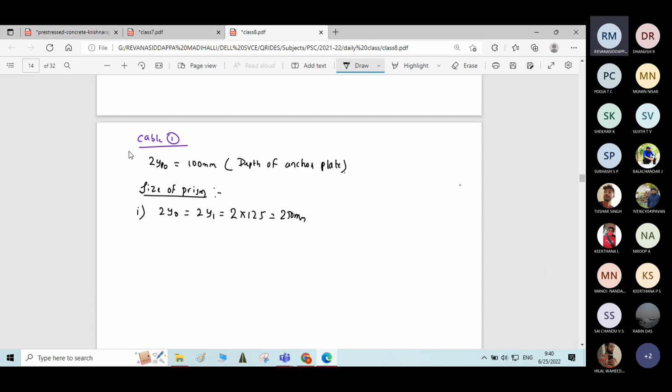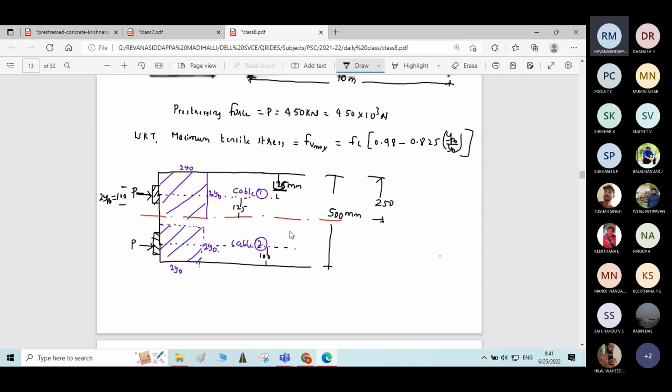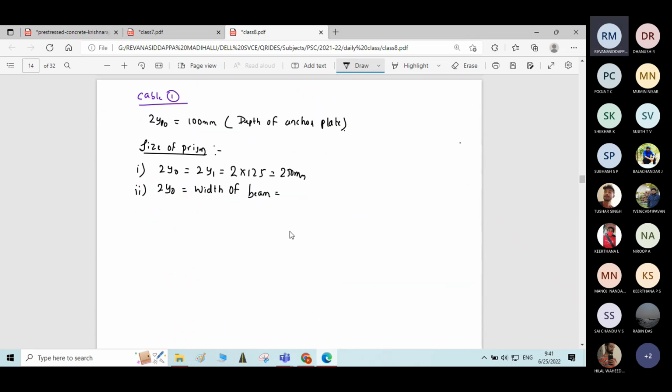So this is the first calculation. The second calculation is just taking the width of the beam: 2y0 is equal to the width of the beam, which is given as 250 mm.